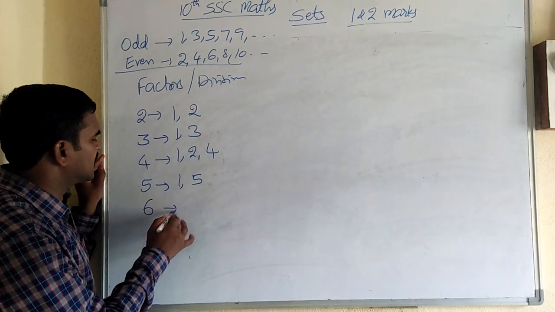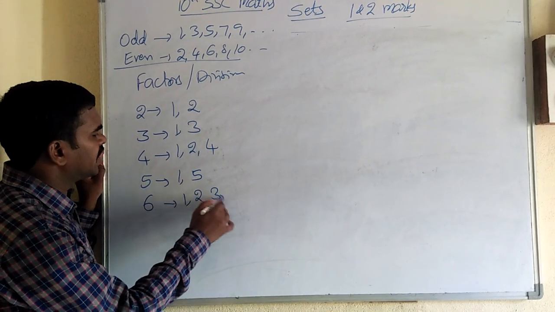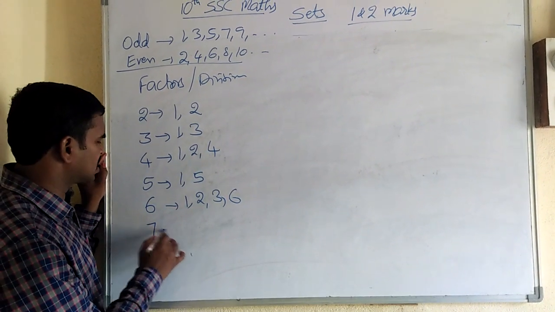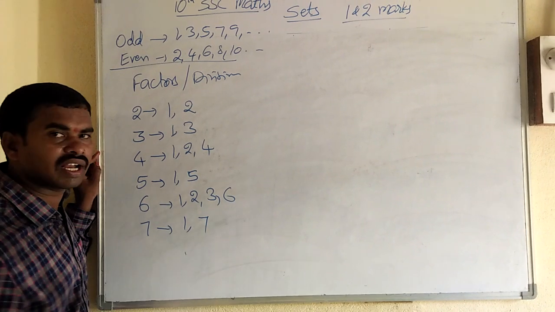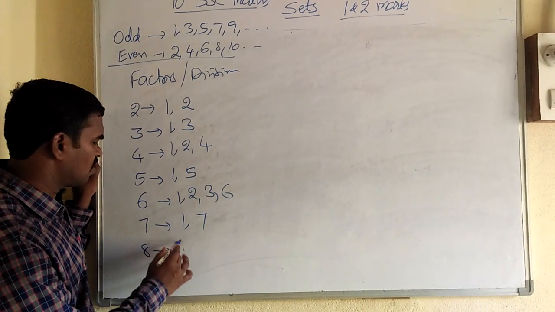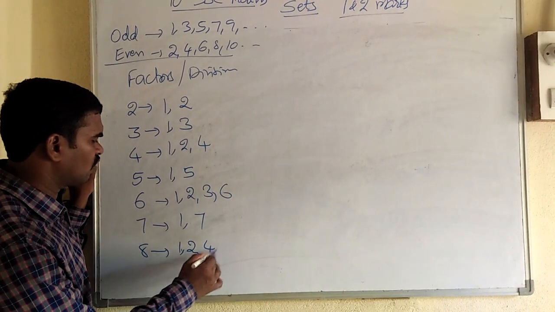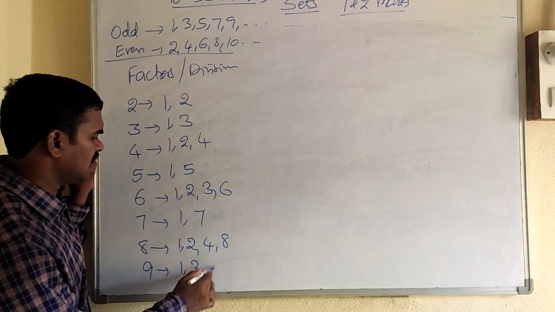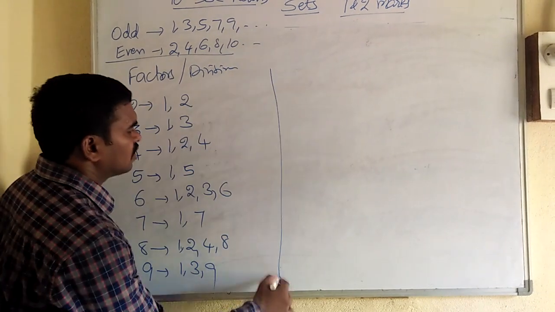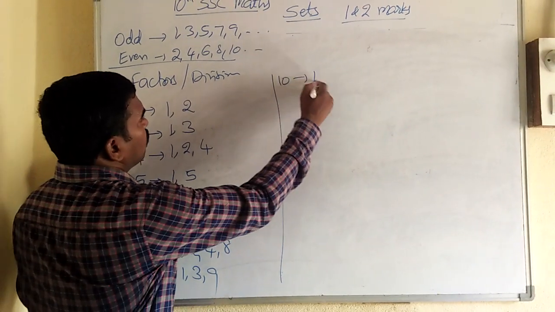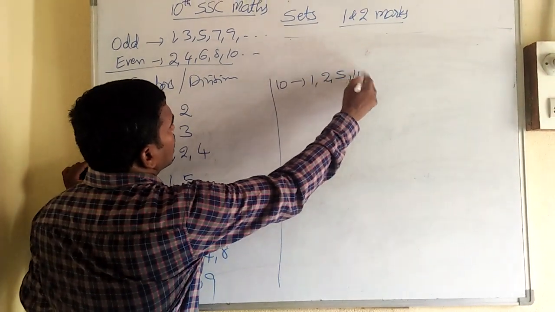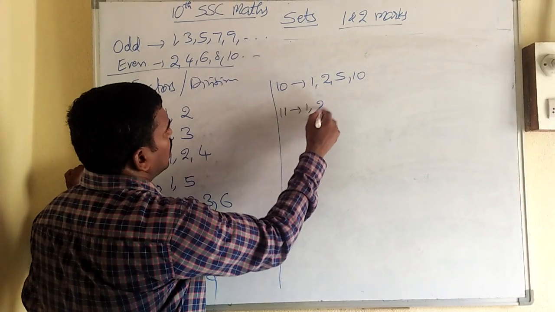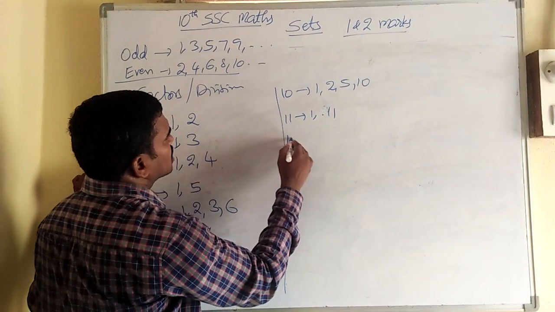Factors of 6? 1, 2, 3, 6. Factors of 7? 1, 7. Factors of 8? 1, 2, 4, 8. Factors of 9? 1, 3, 9. Factors of 10? 1, 2, 5, 10. Factors of 11? 1, 11. Factors of 12?